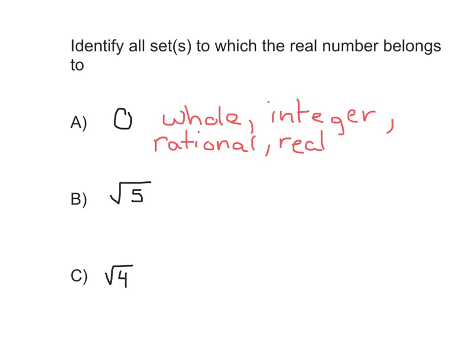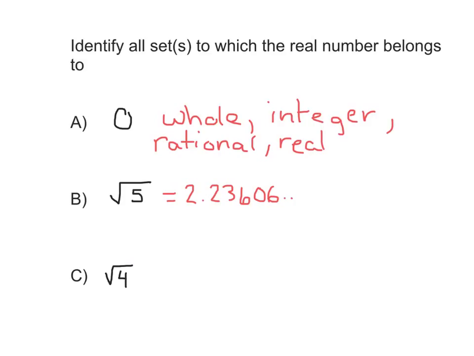Now for the next one, square root of 5. The square root of 5, if you evaluate that into the calculator, gets you 2.23606, and then I'm going to put a dot dot because it goes on forever. Notice that there is no pattern.